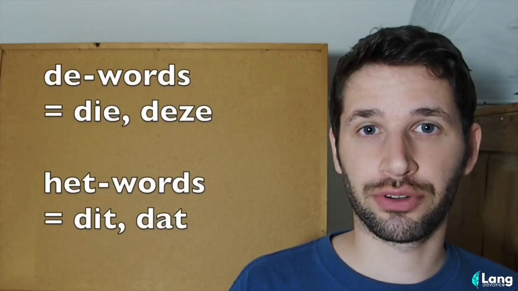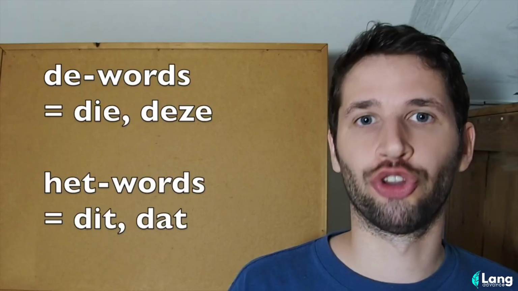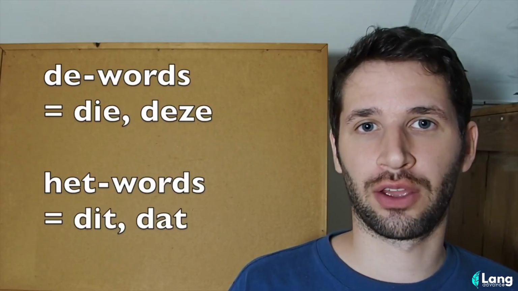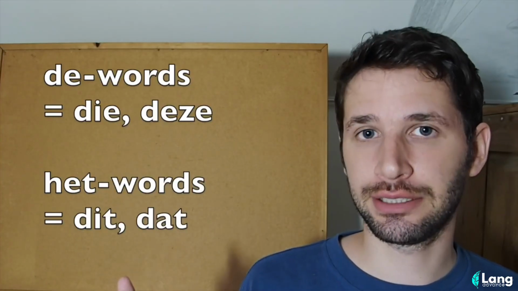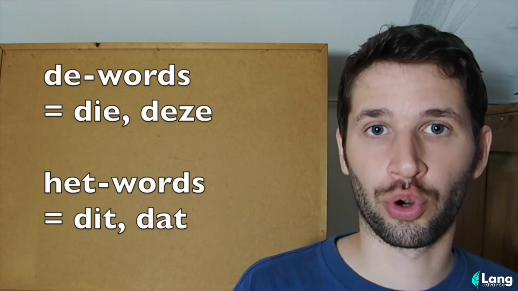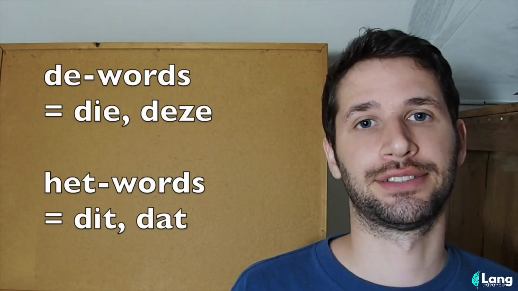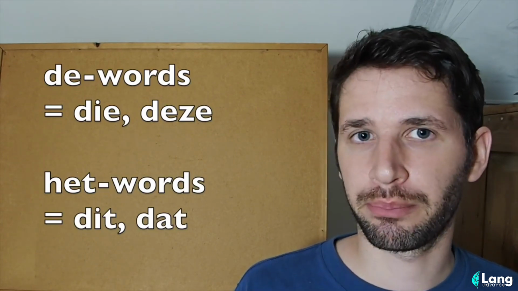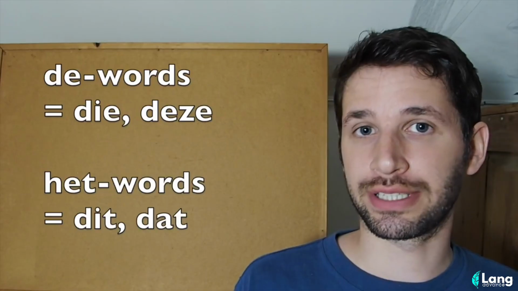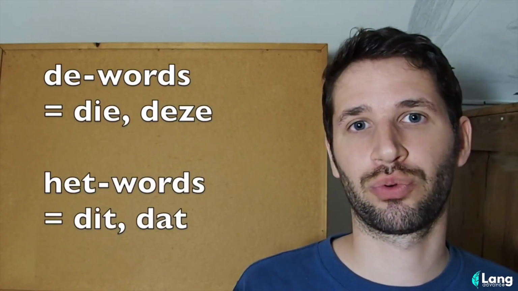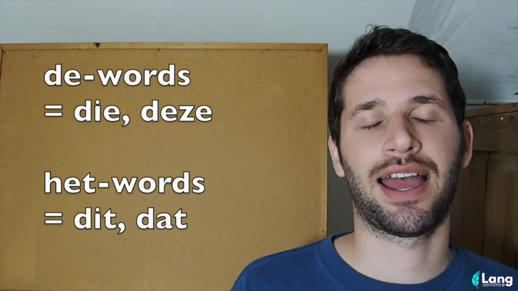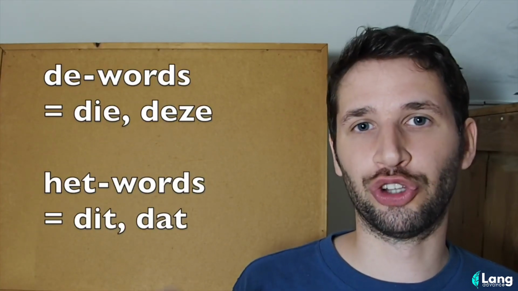In Dutch, a difference is made again between de and het words. So, de words use die and deze, and het words use dit and dat. You can remember that by the ending of the word: dit and dat both end with a t, so that's het words, and die and deze end with an e, so that's for de woorden.